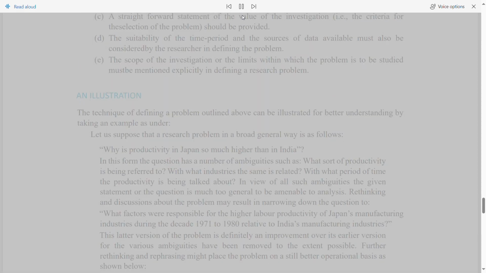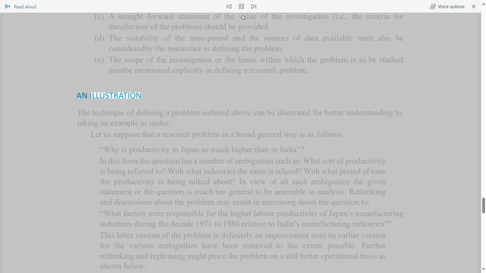C. A straightforward statement of the value of the investigation, i.e., the criteria for the selection of the problem, should be provided. D. The suitability of the time period and the sources of data available must also be considered by the researcher in defining the problem. E. The scope of the investigation or the limits within which the problem is to be studied must be mentioned explicitly in defining a research problem.